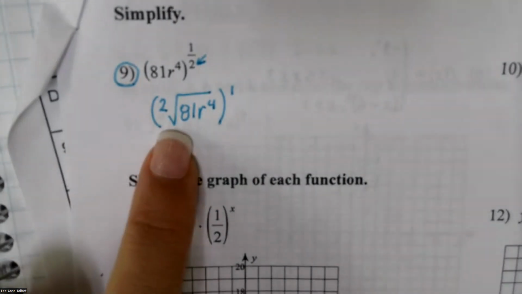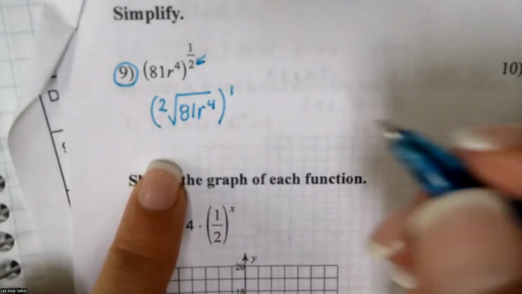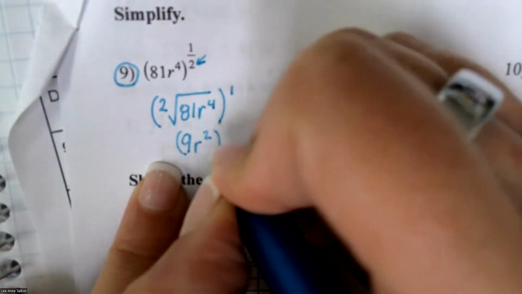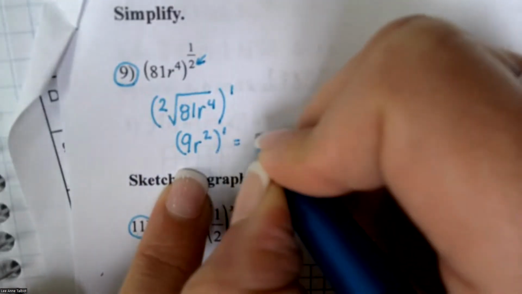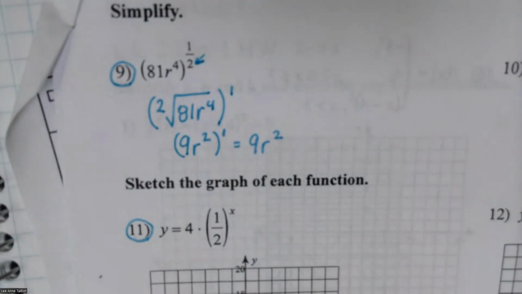Okay, so then you do the parentheses in here first. So what's the square root of 81r to the 4th? 9r squared to the 1 is 9r squared. What's wrong?